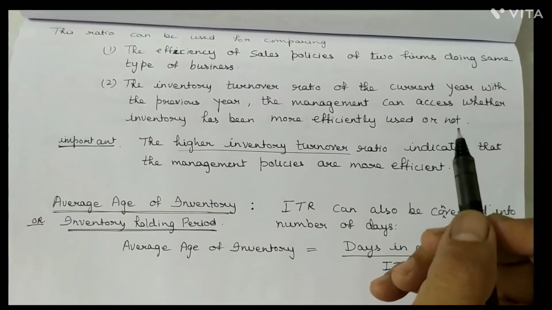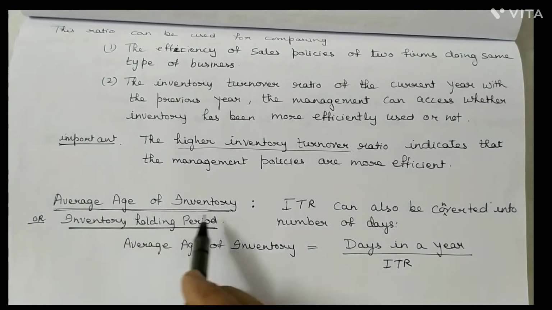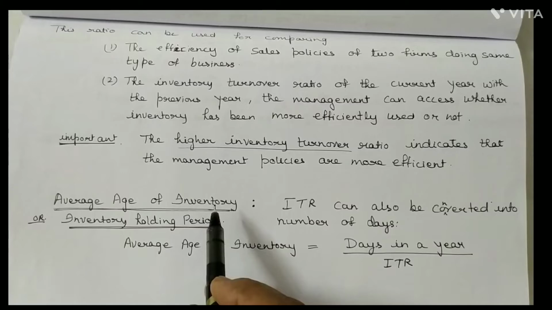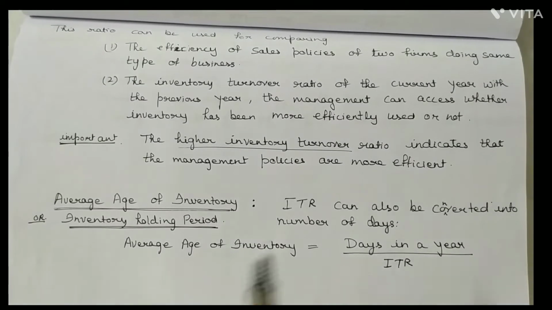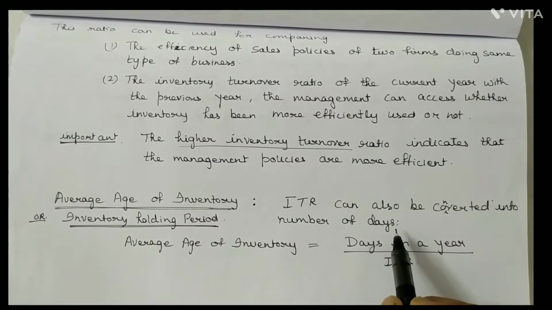Then in the last, you have to calculate the average age of inventory. Average age of inventory means holding period: how much time you are holding your inventory. So ITR can also be converted into number of days.